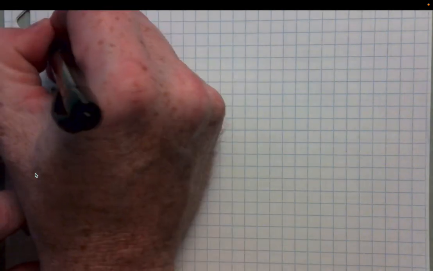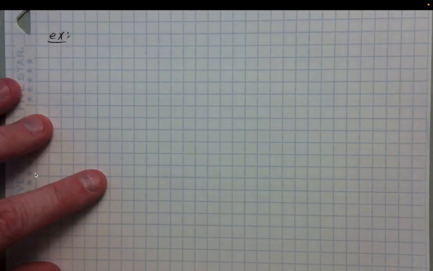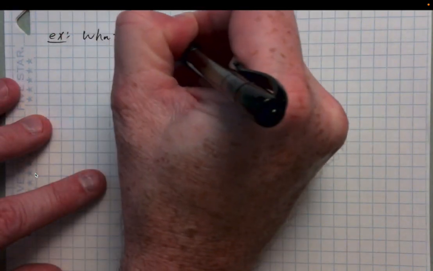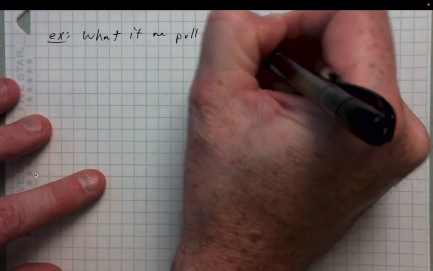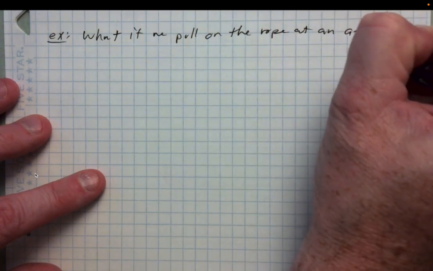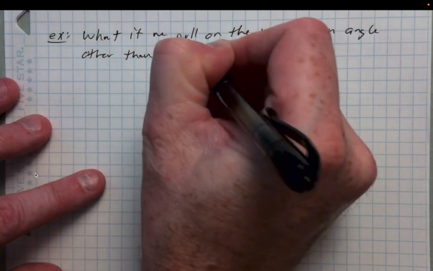Okay, another example based on this one. What if we pull on the rope at an angle other than horizontal?